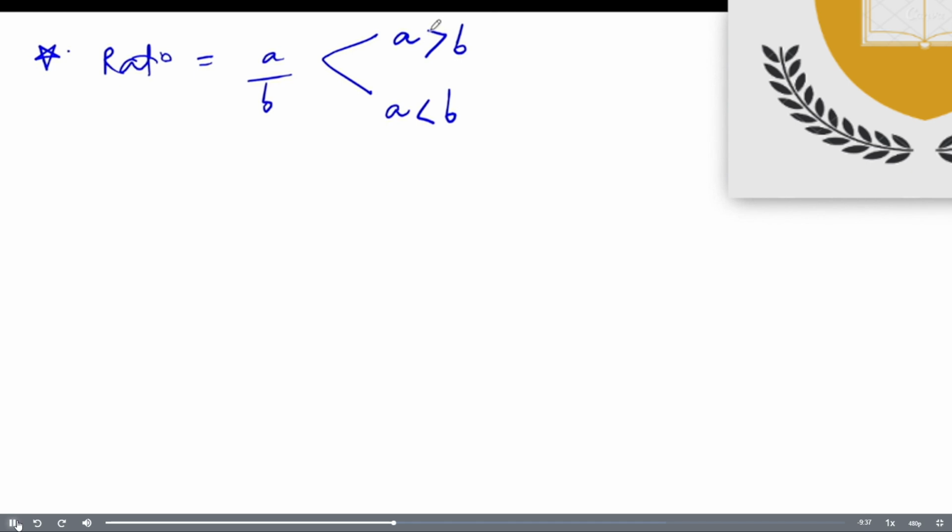Now let's take some important concepts here. If you say a ratio of A by B, there can be two situations here. One is A can be greater than B, and the second is A can be less than B. We call A greater than B the greater inequality, and A less than B is called the less inequality.